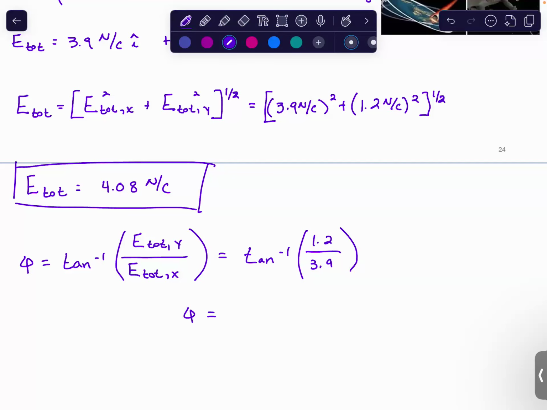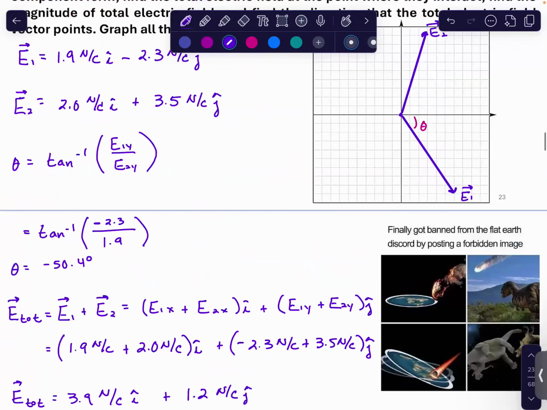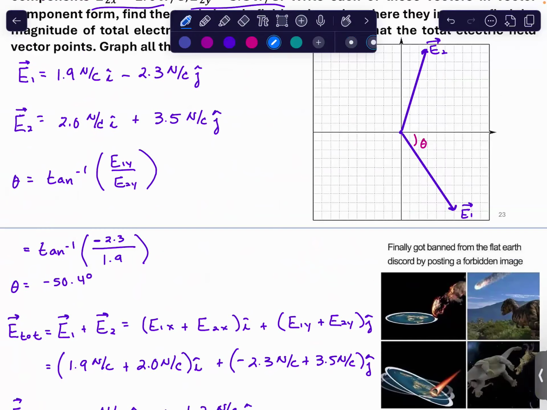Phi is going to come out to be 17.1 degrees. And so that's a positive angle, so it's going to go in which direction? Counterclockwise. We know it's first quadrant. This is a positive angle. So if I graph this, that's going to be there.